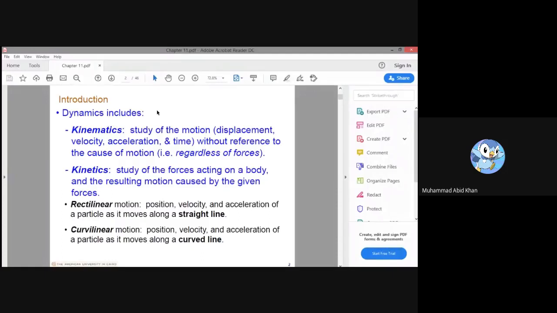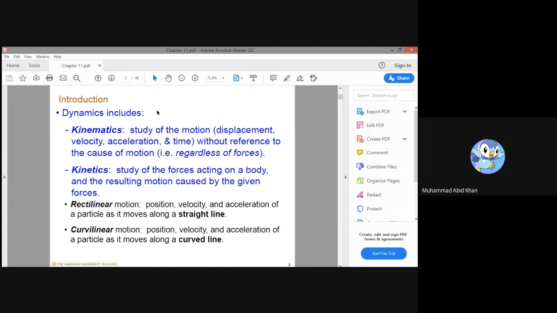The study of motion. In the study of motion, we include displacement, velocity, acceleration, and time, without reference to the cause of motion, for example, regardless of force. What about kinetics? It is the study of the force acting on a body, and the resulting motion caused by the given forces.